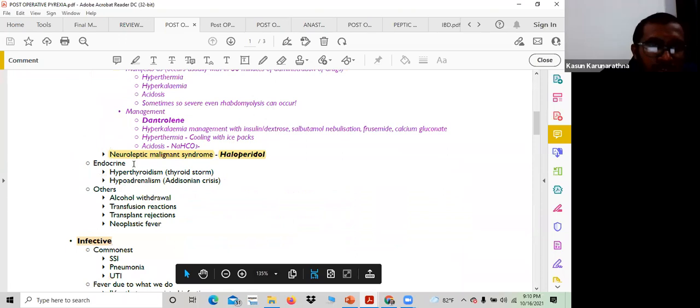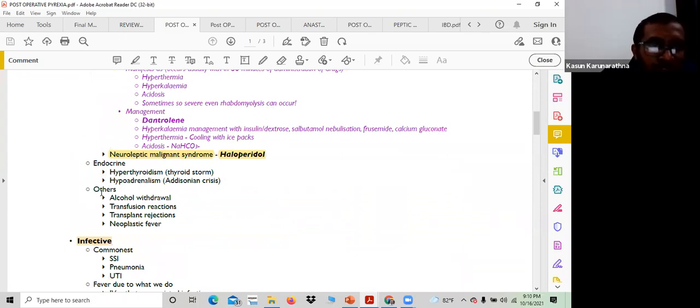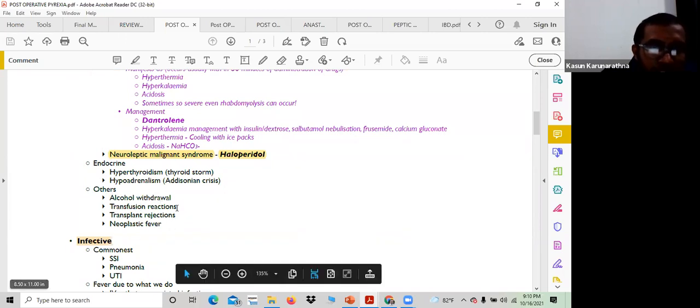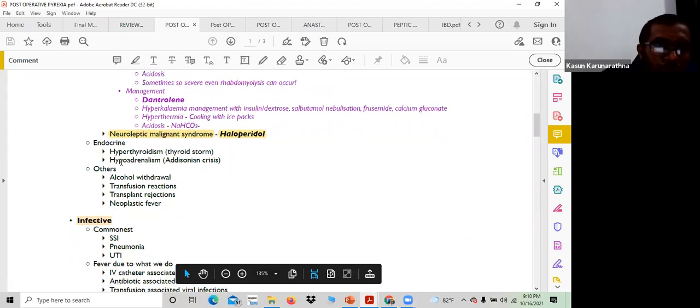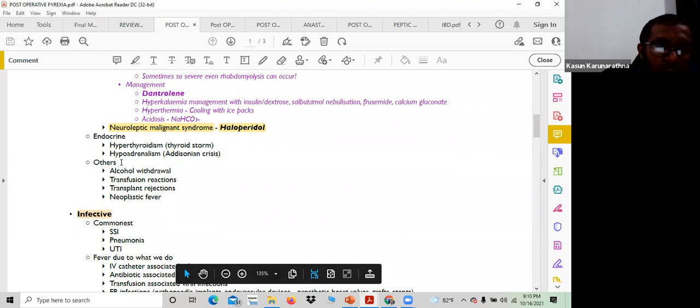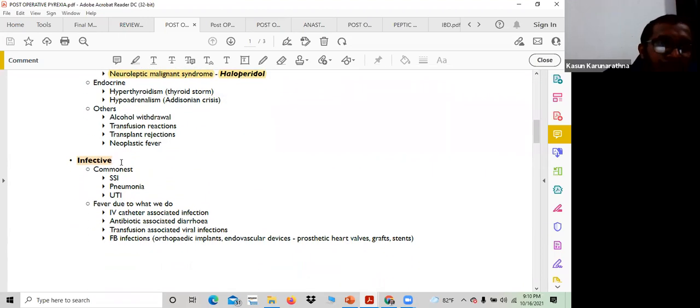Then endocrine causes such as hypothyroidism and hypoadrenalism, and transfusion-related reactions, transplant rejections, and alcohol withdrawal. Those are non-infective causes for post-op fever.